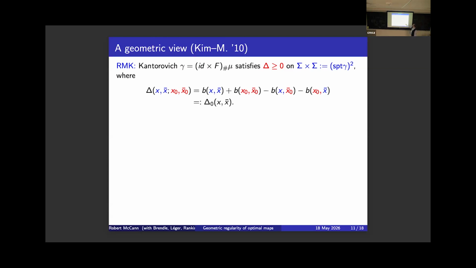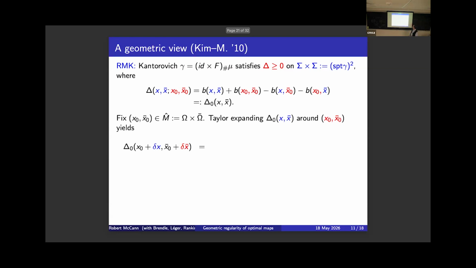So if x bar and x naught x bar are really paired with each other, then the benefit of this sum should dominate the benefit of that sum. And so although this is a function of 4 variables, let me think of it as a function of 2 variables. Let me think of x naught and x naught bar being fixed. And then let me Taylor expand this around x bar is close to x naught x bar naught bar. And because of the minus signs up here, the 0th order term is going to vanish.